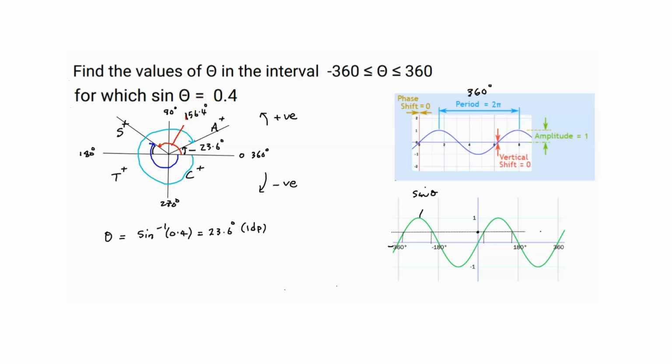So these are the positive values. Let's just mark this with our highlighter. That's the positive value there that we have, and this one. Now let us work out the negative values we could get for theta. Here we're going in a negative direction, so that would be negative 180 plus this angle, which is negative 23.6. So that gives minus 203.6 degrees.